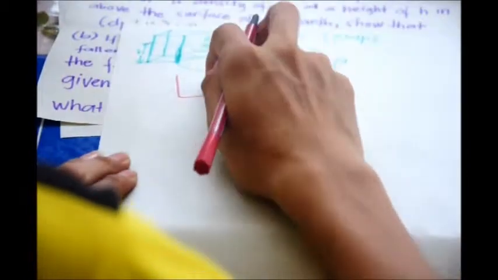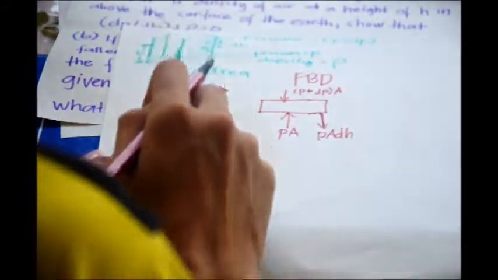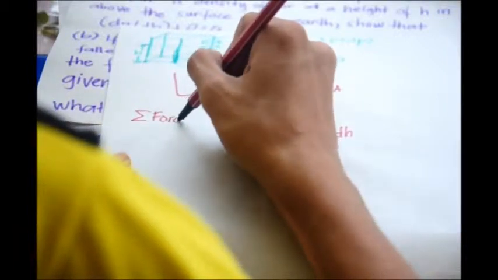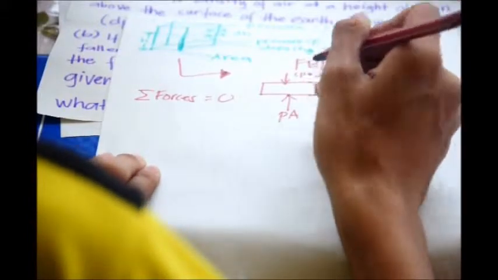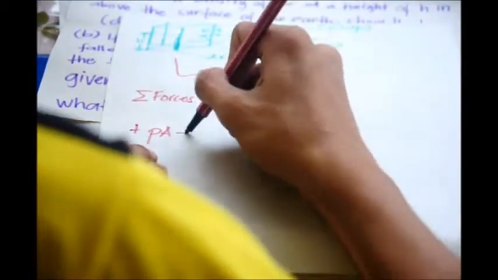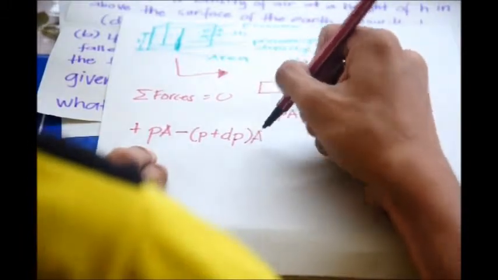Since the fluid is at equilibrium, we assume that the area is uniform. So the summation of forces is equal to 0. Now we add the following assumption, that PA is positive since it is going upward, plus dP times A as negative since it's going downward, and minus rho A dH.